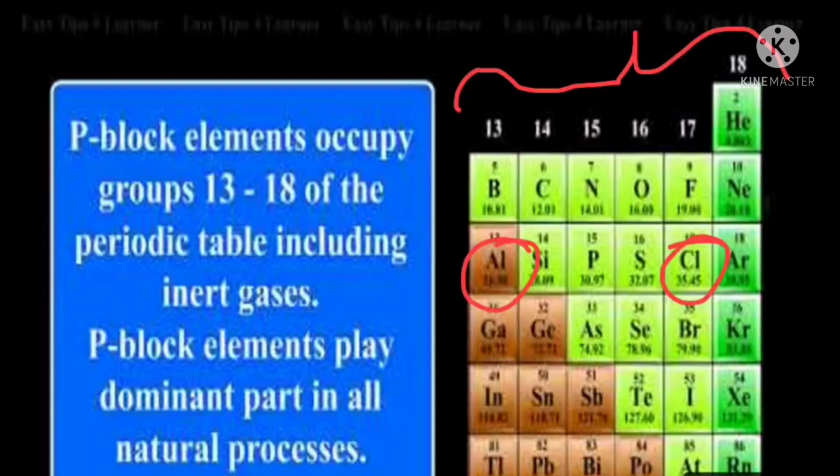Aluminum is in solid state, whereas nitrogen and oxygen are gases. Bromine is in liquid form. So this area of the periodic table consists of elements in metallic form, non-metallic form and metalloid form, and the elements are solid, liquid and gases.